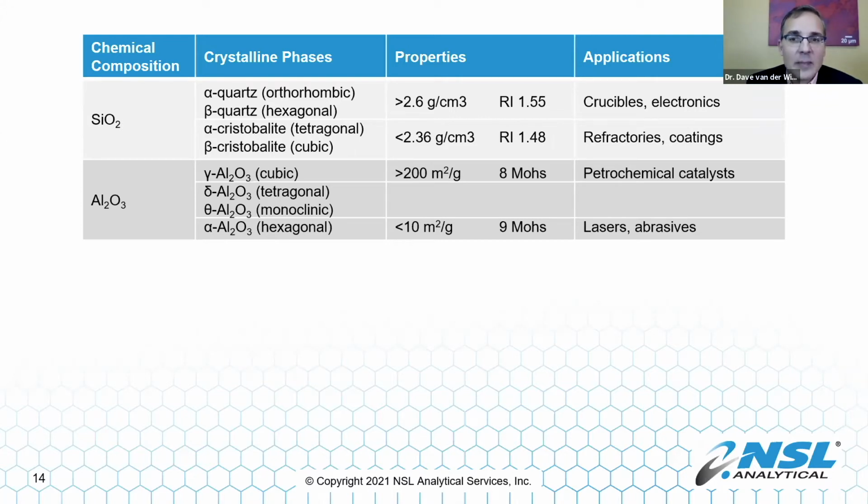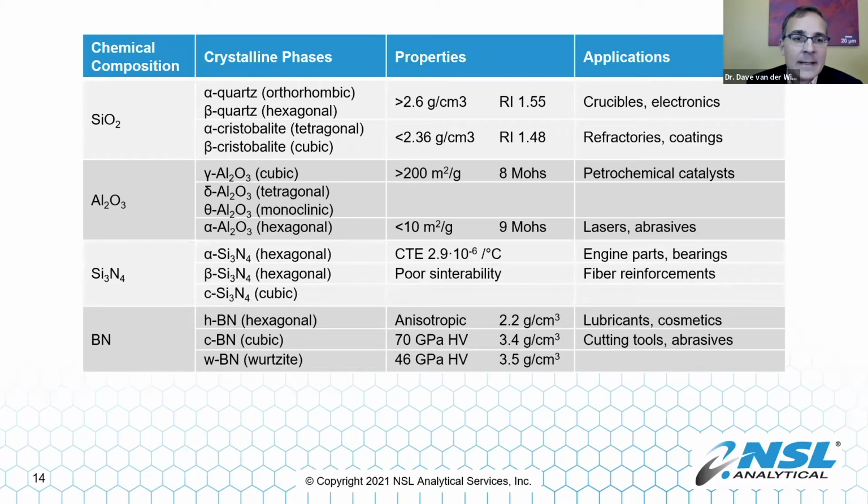I've already talked about alumina. There's a couple of nitrides, silicon nitride, very common, boron nitride, also very common, but you see they exist in 3 different crystallite forms with different properties. Silicon nitride, you can see the coefficient of thermal expansion there is very low for alpha silicon nitride, and that's why it's used for high temperature engine parts and bearings.